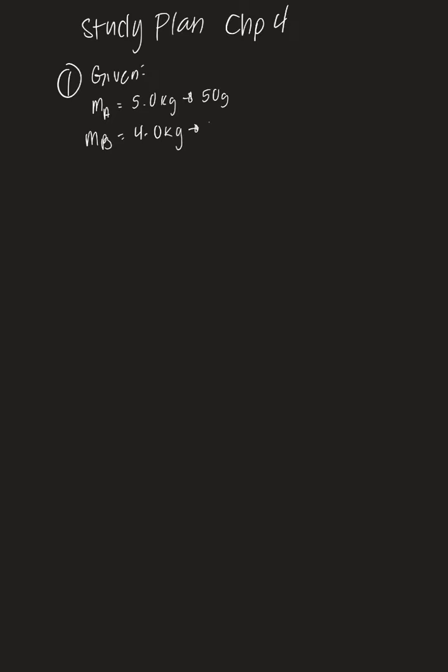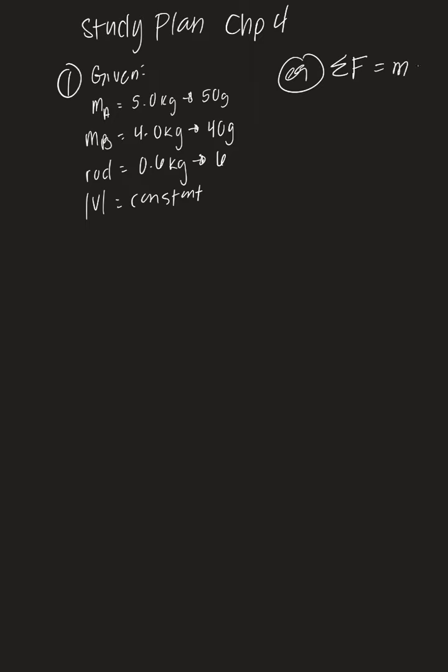The rod equals 0.6 kilograms. The velocity is constant. So with the equation, you would do the sum of forces equals mass times acceleration. The sum of forces is 0.